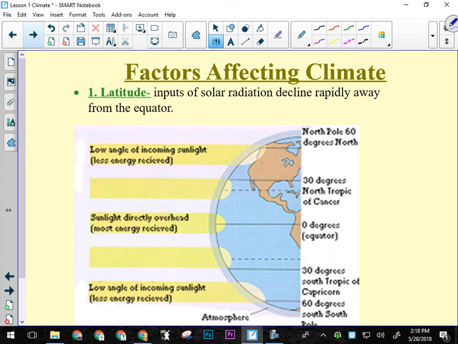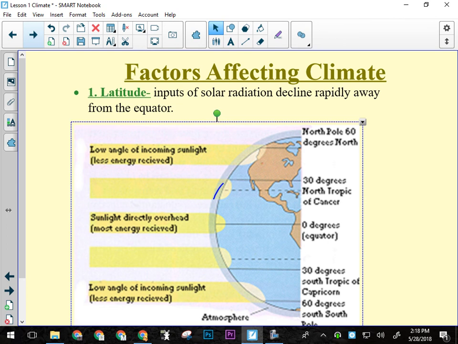Inputs of solar radiation decline rapidly away from the equator, and here's what we mean. At the equator, when a certain amount of sunlight strikes, it is concentrated on an area the length of that blue line I've just drawn. As I move away from the equator, that same amount of sunlight is now spread over a larger area.